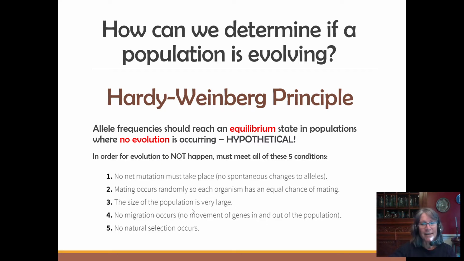No migration. I can't have different alleles moving in and out of the population, introducing change to the allele frequency. And no natural selection. No phenotype can be favored over any other. Unless all 5 of these criteria are met in a population, that population will change over time.